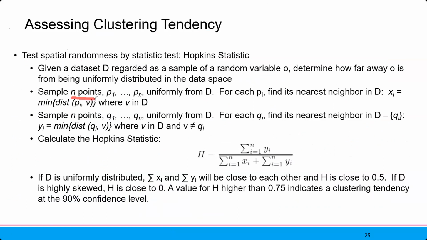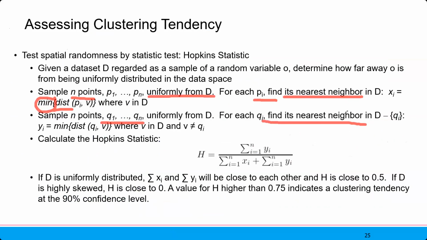The sample points, let's say we have n points, are drawn uniformly from D. We need to find the nearest neighbor, which means calculating the distance and finding the minimum distance. I also have another group, Q, and I also need to find the nearest neighbor.